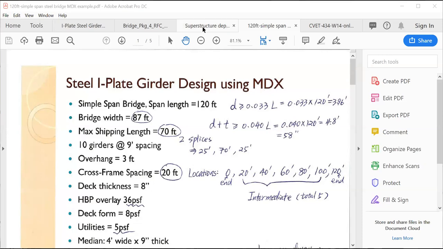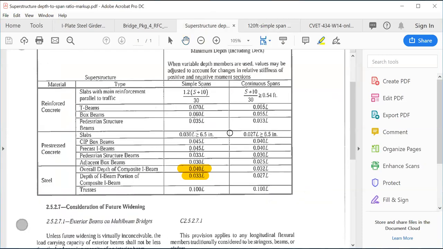Okay, so let's take a look at the superstructure depth requirement for the steel girder bridge. Here, we have the overall depth of the composite I-beam, which includes both the steel section and the concrete deck thickness. So the steel section plus deck thickness equals 0.040 times span length.